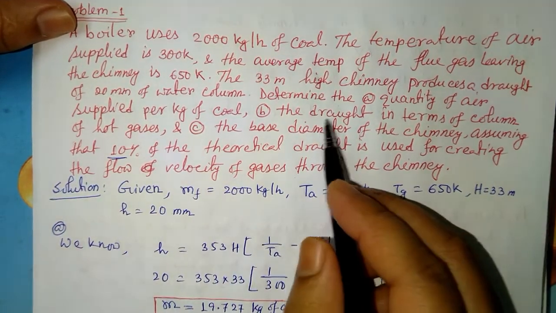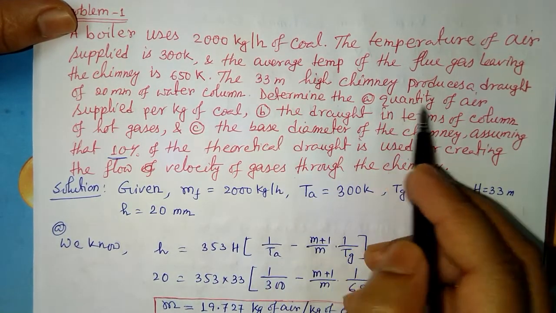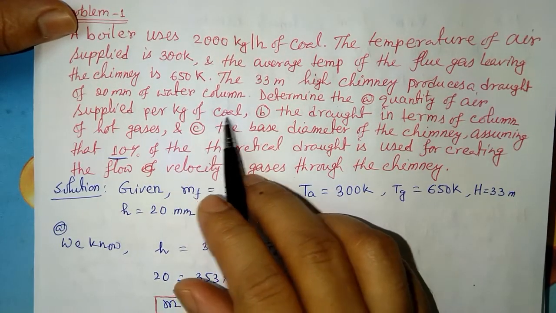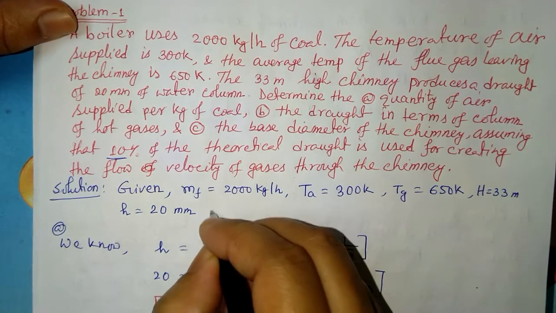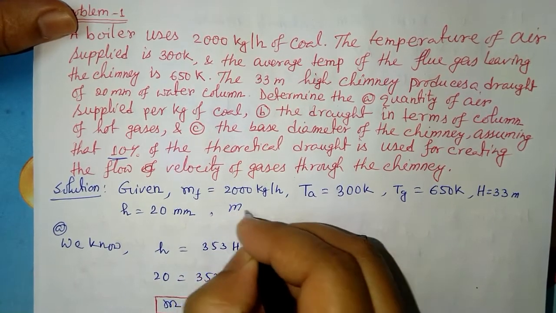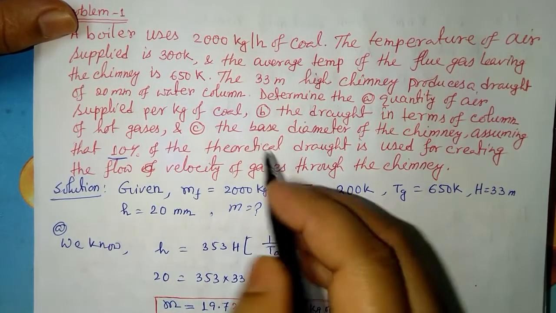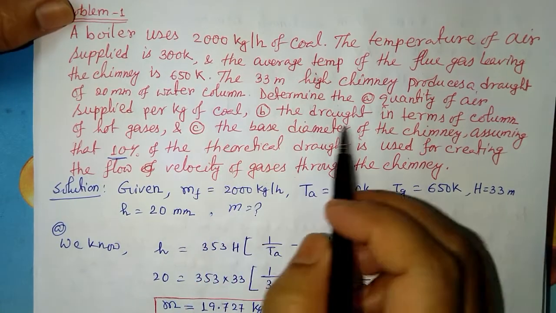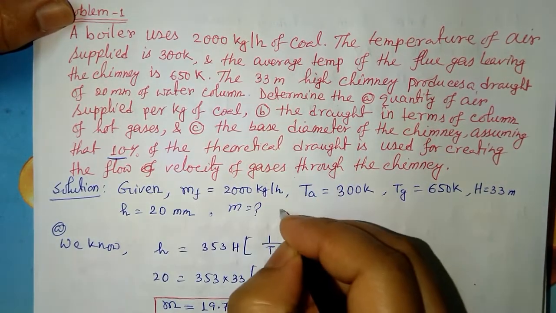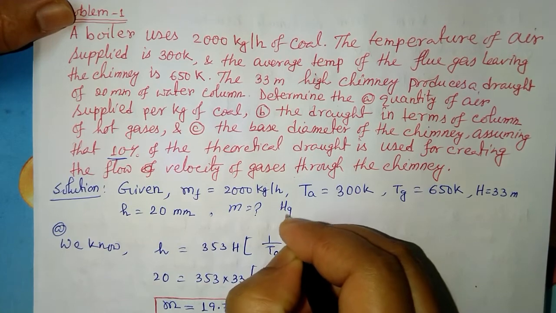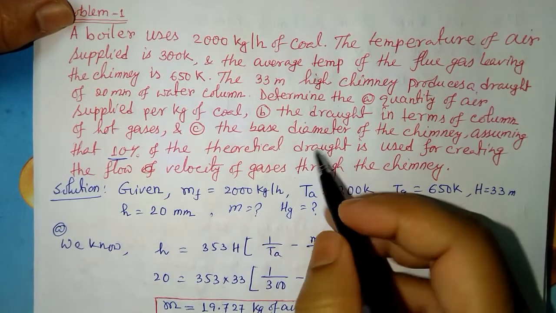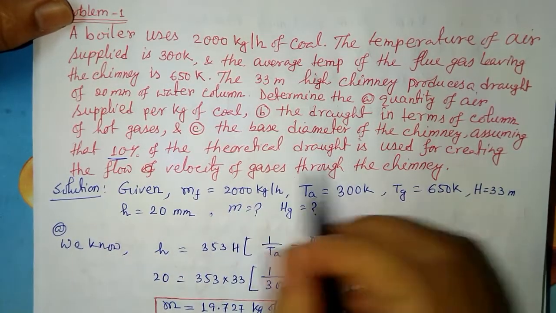What do I need to find? First one is the quantity of air supplied per kg of coal. This quantity of air supplied we have taken in terms of m, so first we need to find m. Then the draught in terms of column of the hot gases, we need to find Hg, for hot flue gases, and the base diameter of the chimney.